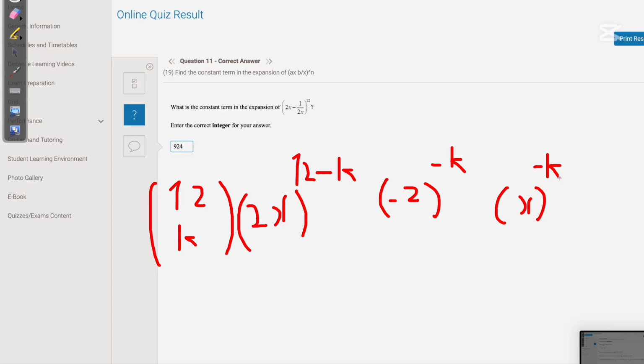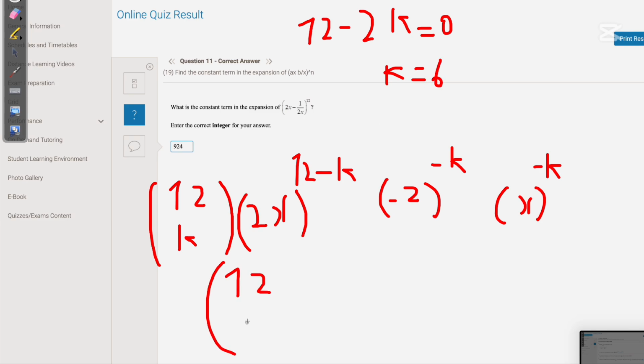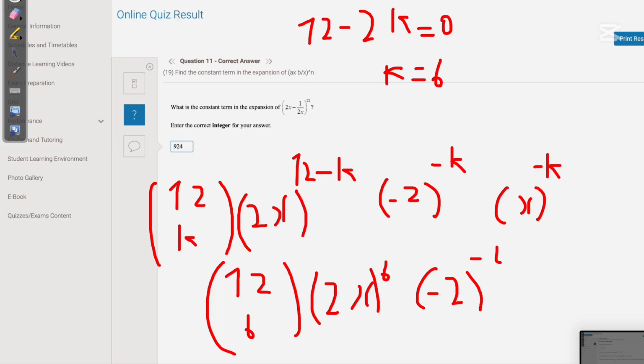Now for the constant term, after combining, the power should be equal to 0. So 12 minus 2k is 0, k is 6. So 12c6, 2x to the power of 6, times negative 2 to the power of negative 6.